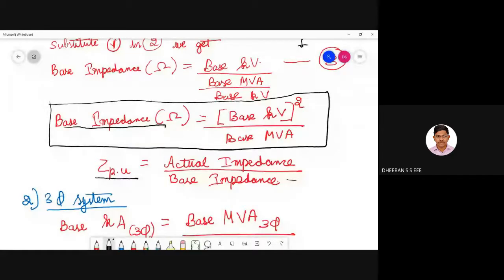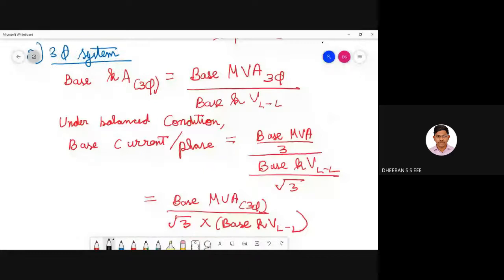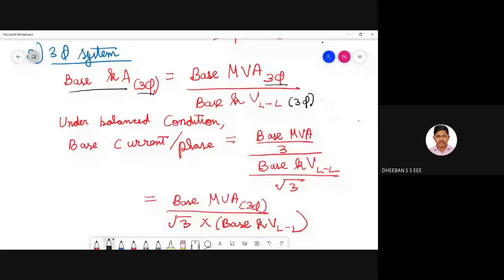In a three-phase system, the base current in three phase is represented by your apparent power, base MVA in three phase, divided by base kV line. This is in your three phase; the entire thing is represented in your three phase quantity.